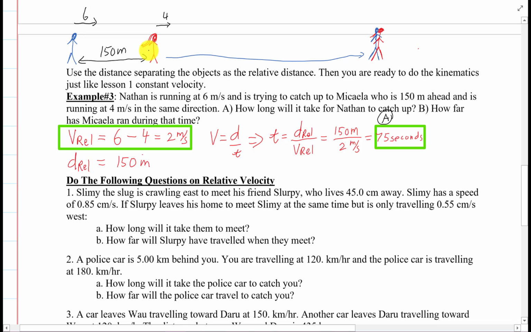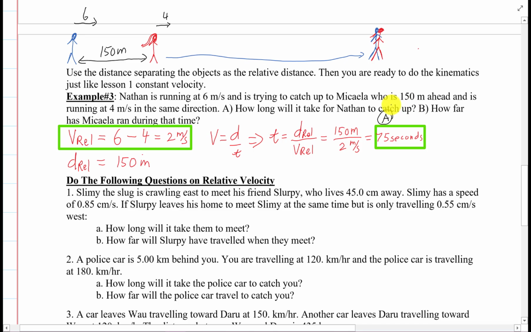So if Nathan ran 75 seconds, how long did Michaela run? Also 75 seconds. Because at the beginning of the question, Nathan is running and Michaela is running. They start with this relative speed and this relative separation, and they both run. So both of them run this time.